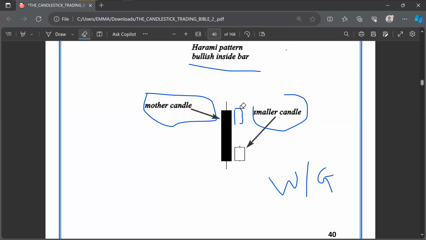Good. So this is a red one or a bearish one. Then the second one is a bullish one. And then the second thing is that it happens at the bottom of it. What if it happens at the top, right? So let's see if whatever I've said is going to hold or going to differ.